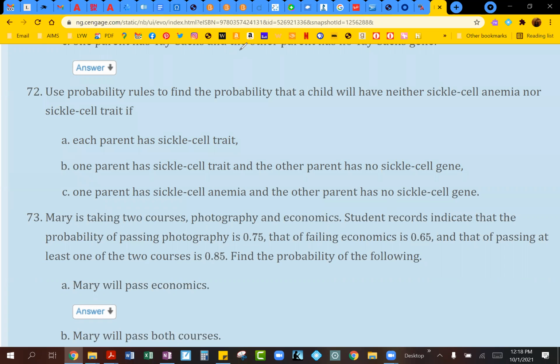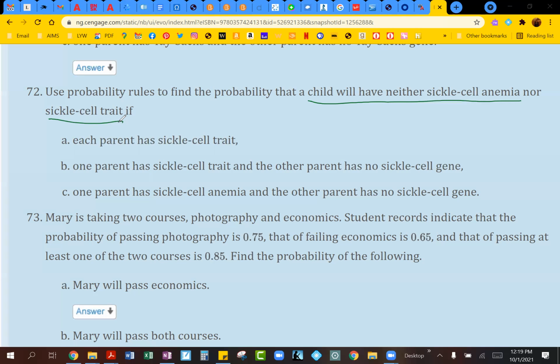So they're saying use probability rules to find the probability that a child will have neither sickle cell anemia nor a sickle cell trait. And they're giving us part A, if each parent has a sickle cell trait; part B says one parent has sickle cell trait and the other has no sickle cell gene; and the third one says one parent has sickle cell anemia and the second parent does not. So just different scenarios, and then based on each scenario, we need to calculate what the options will be.